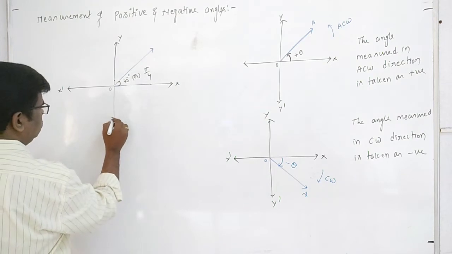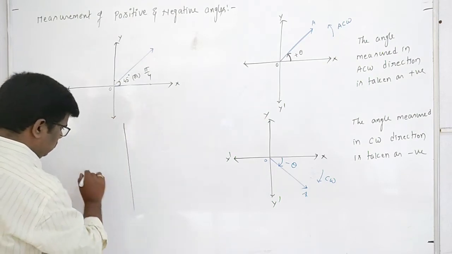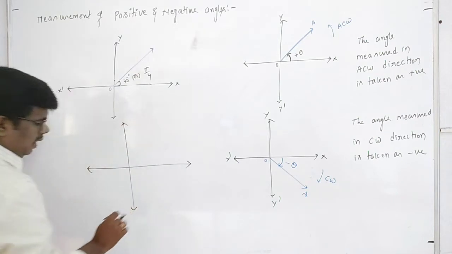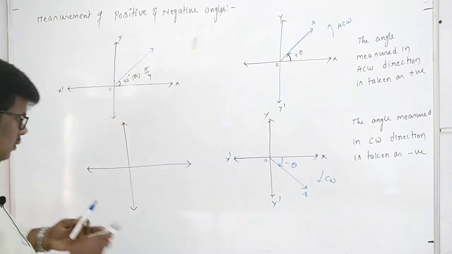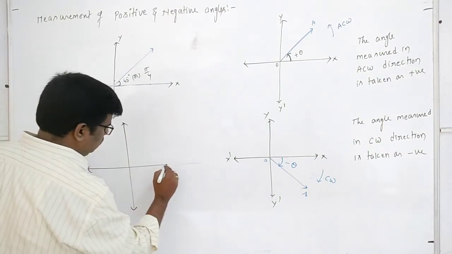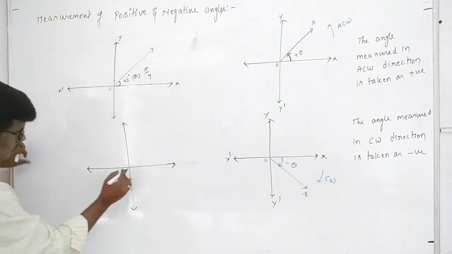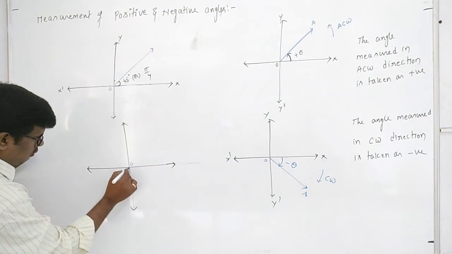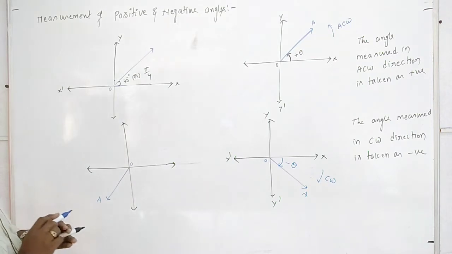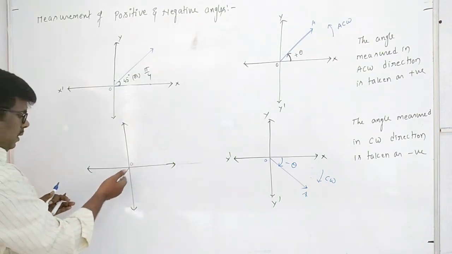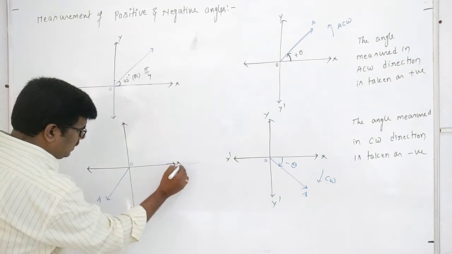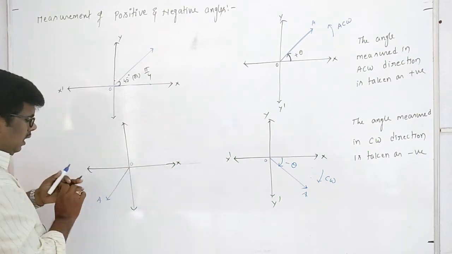Now you can observe one thing. If one angle is like this, if the ray is here, this is OA. Now what is the angle it makes from the positive x-axis?